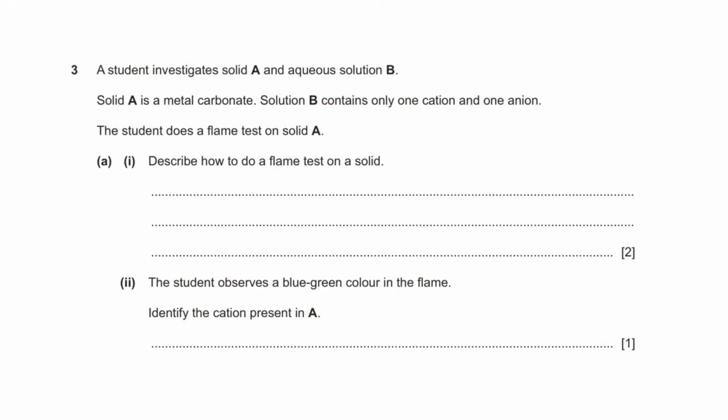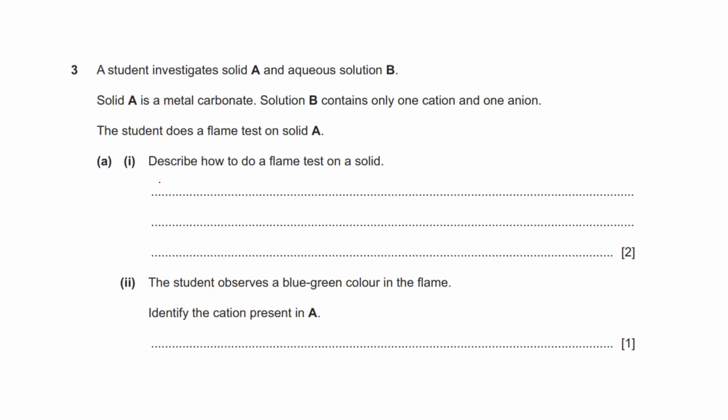Okay, so for a flame test, it is very good if we can have the solid in powder form, or we can simply use a tip or a wire and put some solid onto it, or roll that wire inside the solid such that some particles of the solid stick to that wire or glass rod. And then put that glass rod on a burning flame, using a Bunsen burner, and observe the color change of the flame and record that observation. That's how we do a flame test.